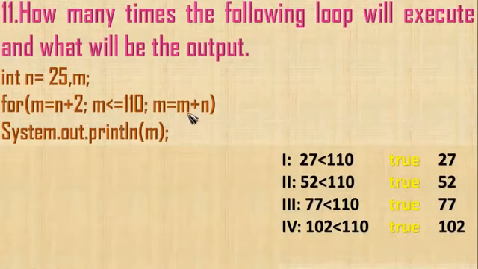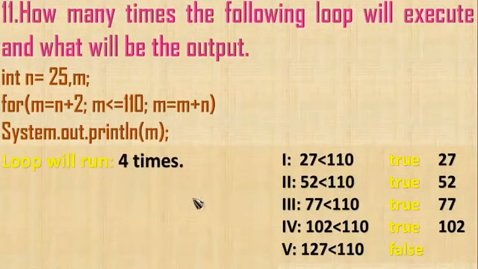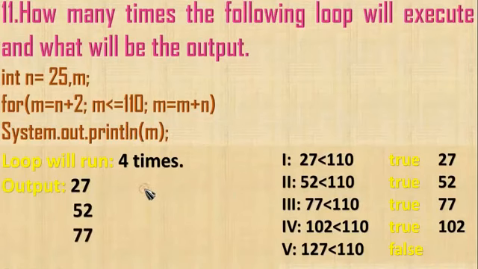When 102 plus 25 becomes 127, it will be false. So it will not get executed and it comes out of the loop. So here you can see the loop gets executed 4 times. The output will be printed with println, so it prints in the next line.